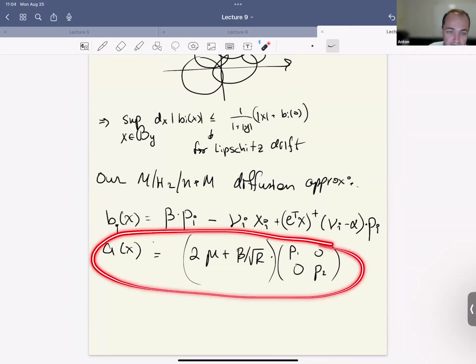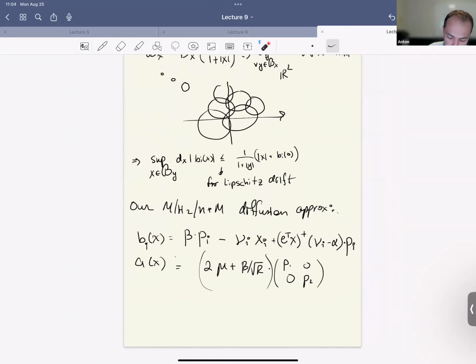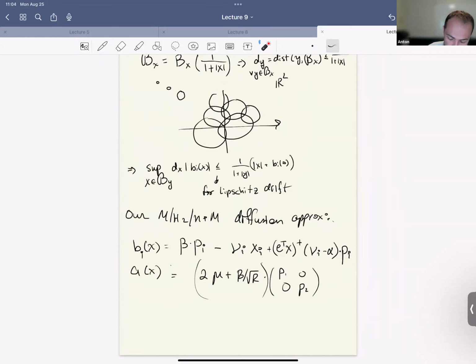So far, this satisfies our conditions. Okay, a is constant. That means it doesn't grow too much, or we can bound it by some capital lambda as well as its derivative. What about b? Well, b, if you look at it, it's Lipschitz, right? The dependence on x is piecewise linear, which makes it Lipschitz.